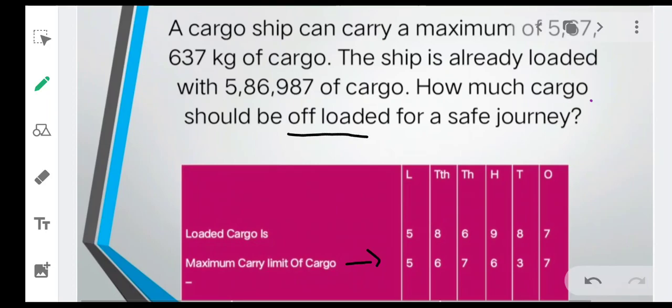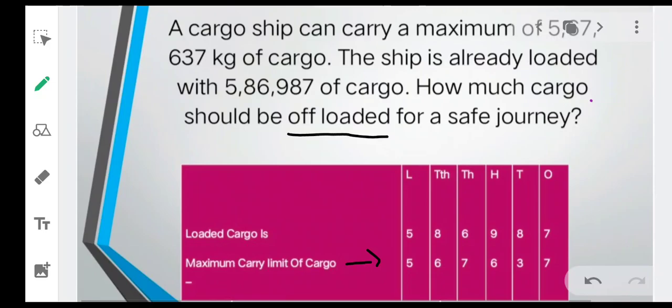Students, here the word we have to notice is offloaded, for a safe journey. What is the question actually telling us? A ship is loaded with cargo, and the maximum capacity of cargo is 5,67,637, and already it is overloaded.